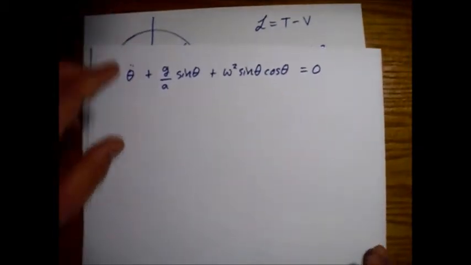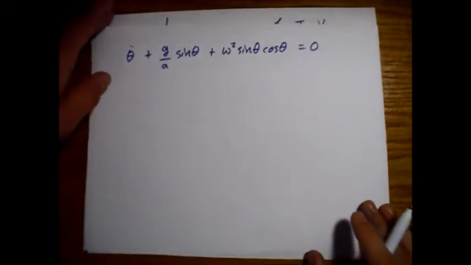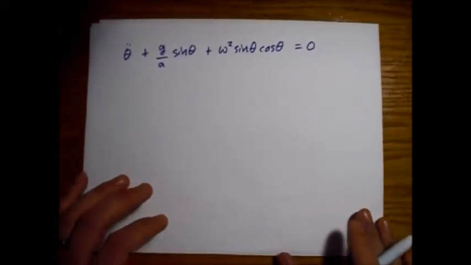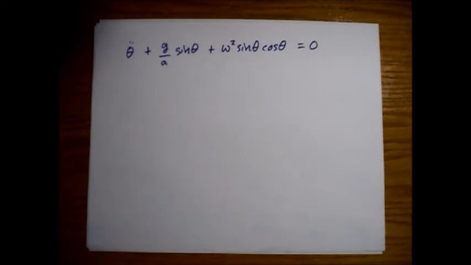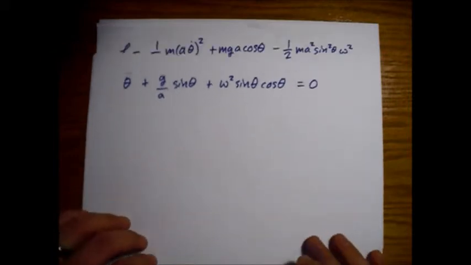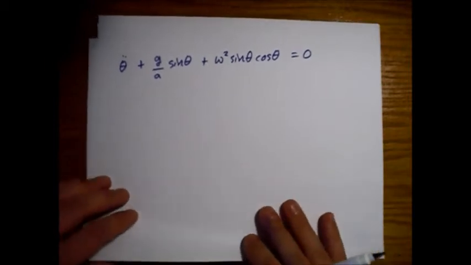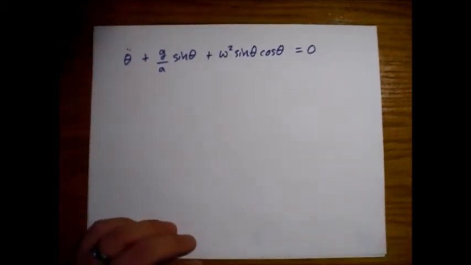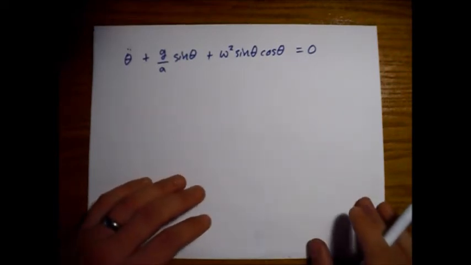That will tell us that the energy of this system is conserved. We won't go through that here, but maybe we'll do it in a different video. So the energy of this system is conserved.